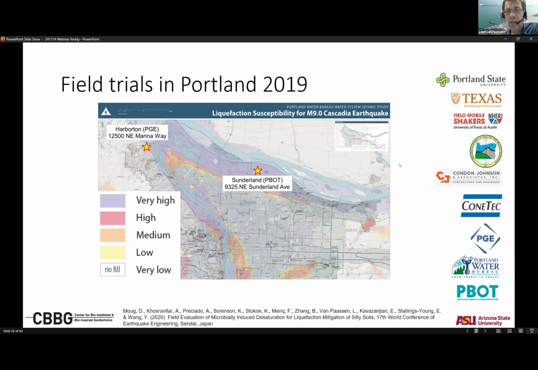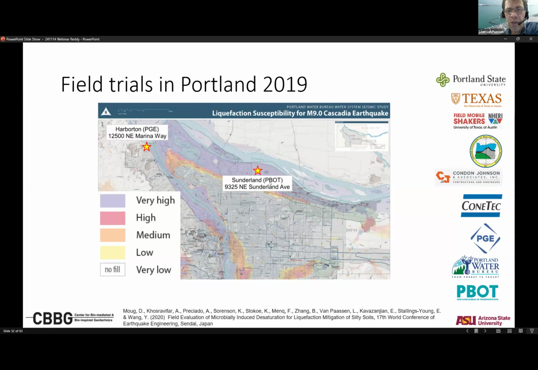So here you see a map of the city of Portland, and all the purple area is very highly susceptible to liquefaction during a very large earthquake. On the left, the Harborton area is a critical energy hub for the city of Portland, so there are a lot of oil and gas storage tanks situated down there. And on the right, the Sunderland side is very close to the international airport in Portland.